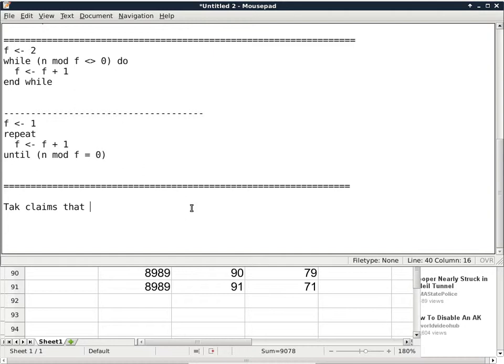Tag claims that for a greater than 0, b greater than 0, the following must be true: a times a is less than or equal to a times b, or b times b is less than or equal to a times b.